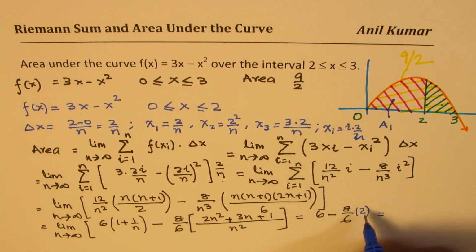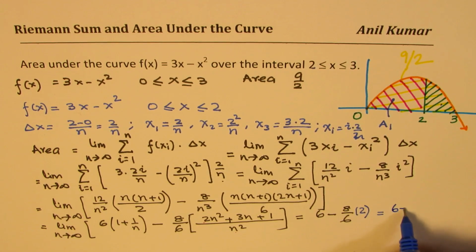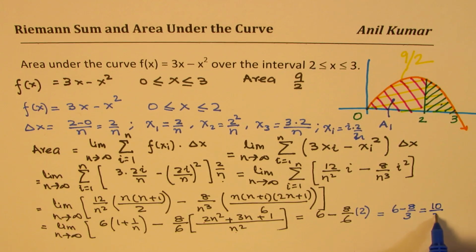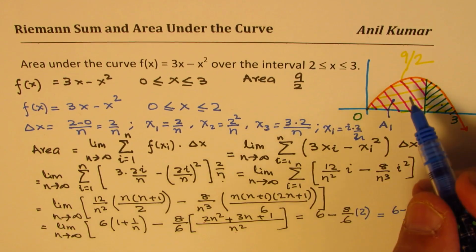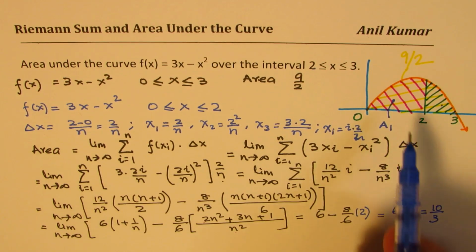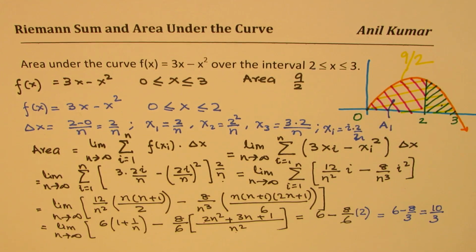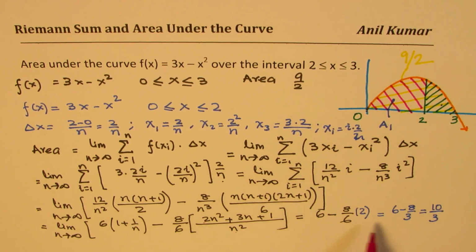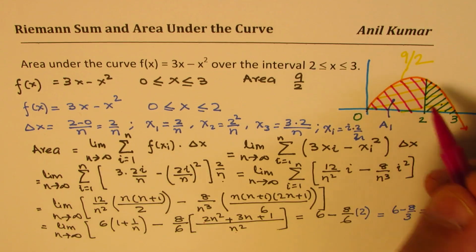So you could reduce this to 6 minus 8 over 3, which is how much? 18 minus 8, which is 10 over 3. Correct? So this area we found as 10 over 3. Perfect? So we say that A1, that is from 0 to 2, the area is 10 over 3.